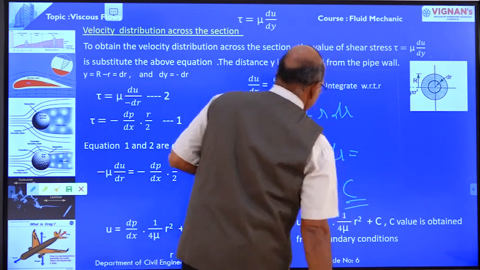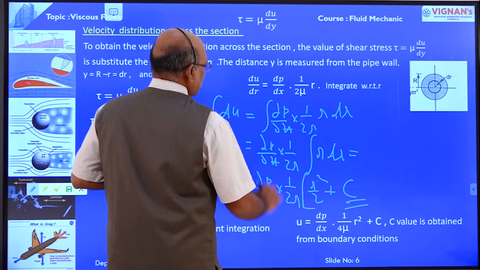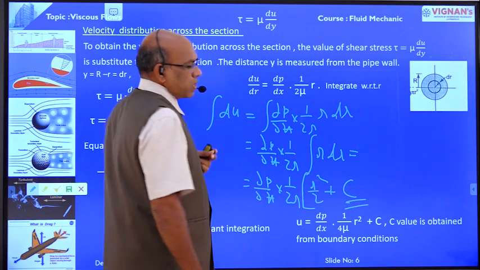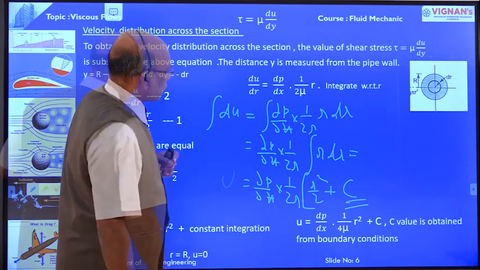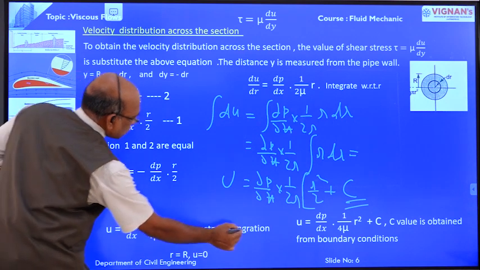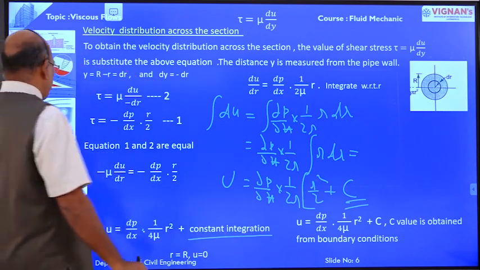C is the constant of integration. This constant of integration is determined based on the boundary conditions, right? So u is equal to dp by dx into 1 by 4 mu into r square plus the constant of integration, right?